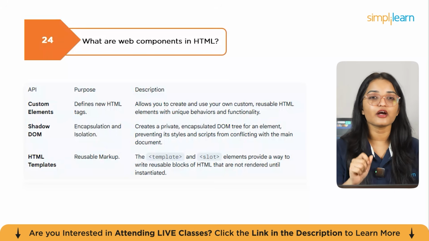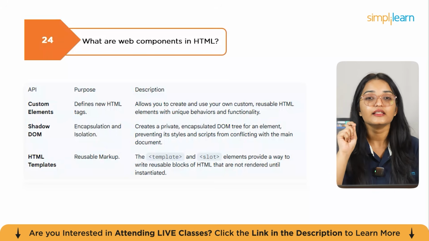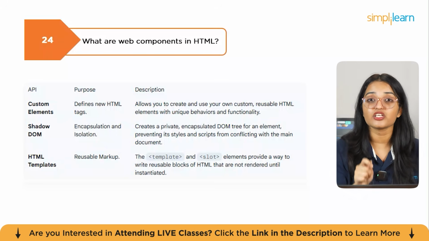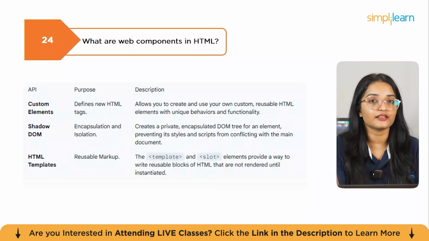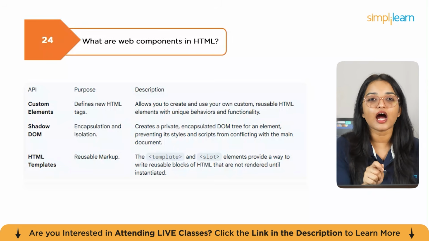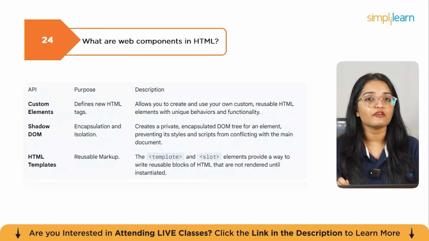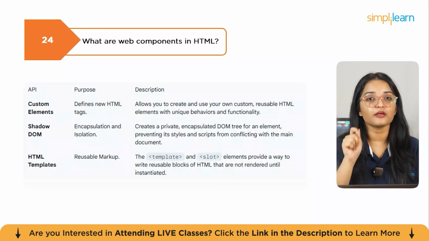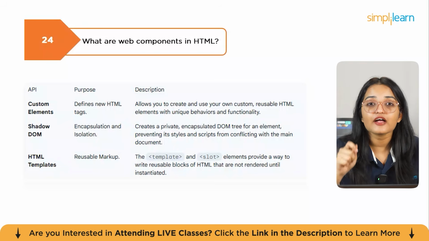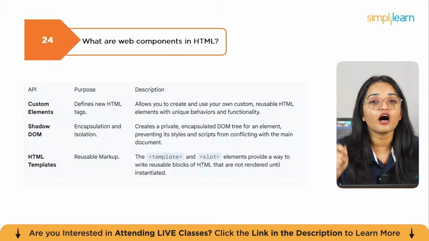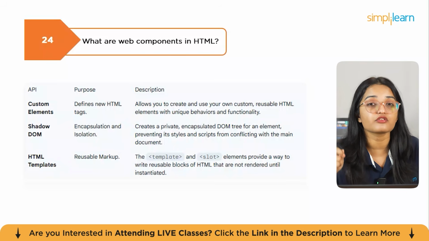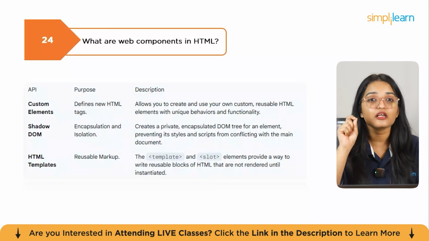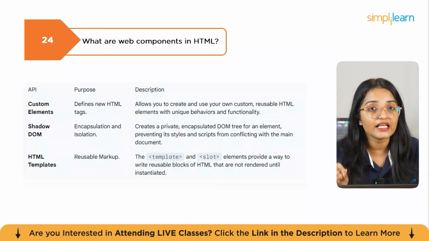The first one we have got is custom elements, the ability to define new HTML elements like a my-button tag. Then we've got shadow DOM, keeping them separate from the rest of the page. This prevents CSS and JavaScript conflicts. Then HTML templates. The template and slot elements allow you to define reusable chunks of markup that can be cloned and used later.